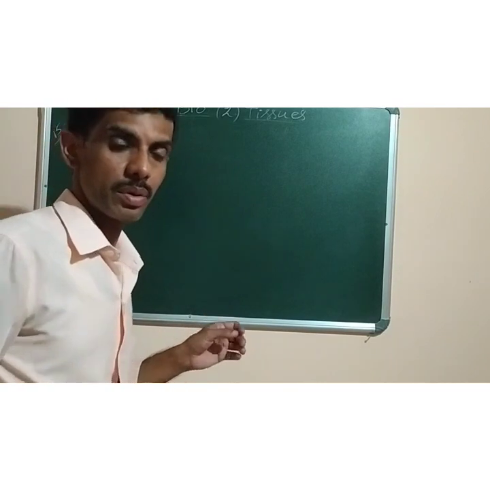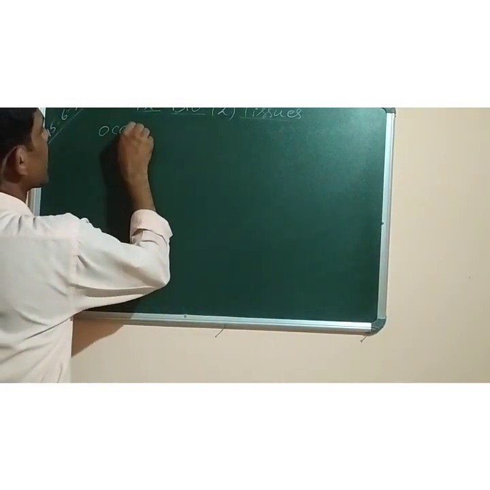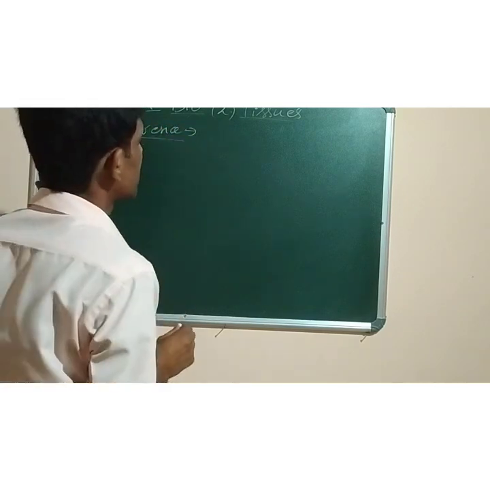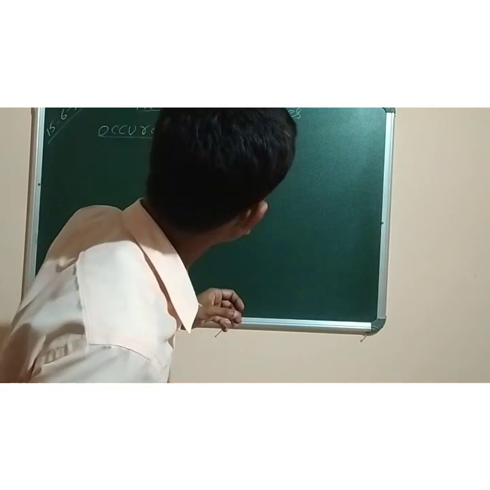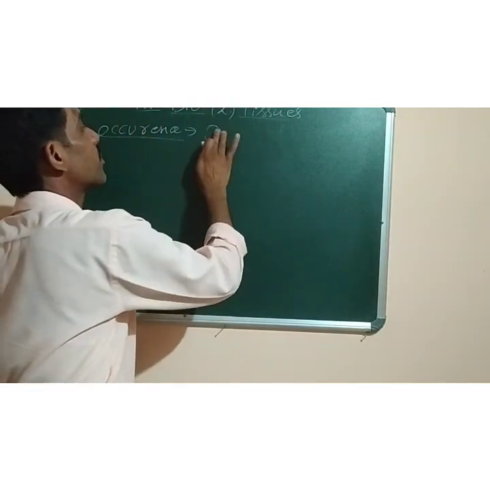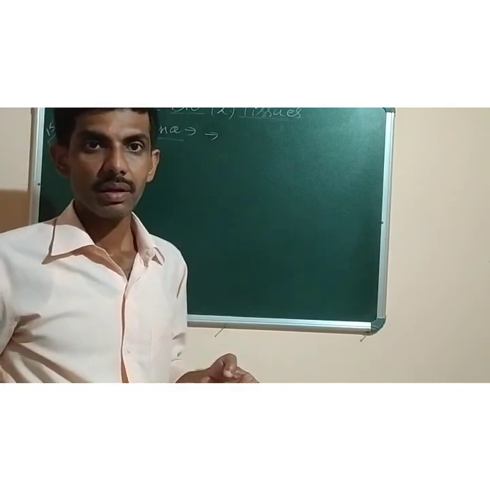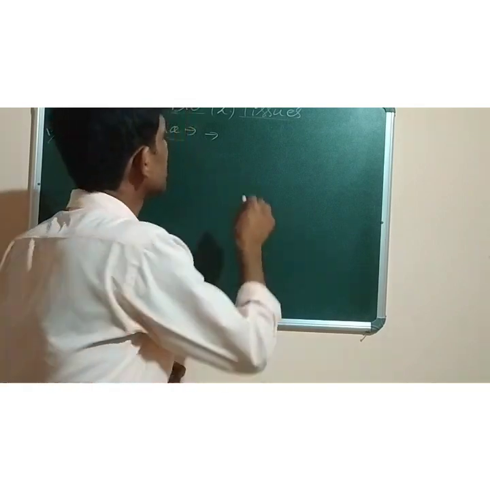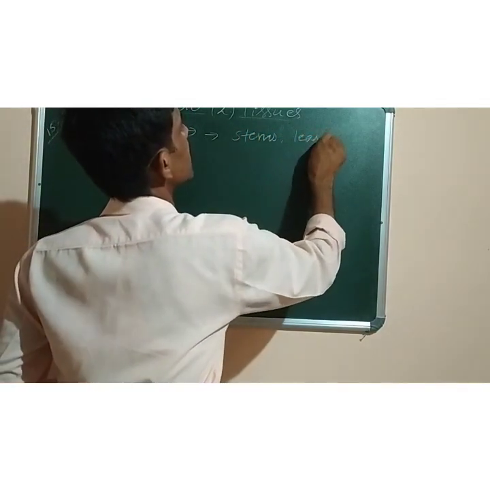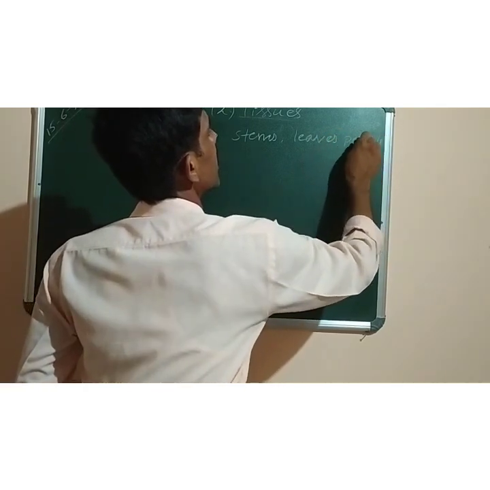Okay, now next we have to do the occurrence. Means where is sclerenchyma tissue found? Fibers and sclerites we studied just now. There are two types of sclerenchyma tissues, fibers and sclerites. Now occurrence, one by one we have to study. Where are they found? It is found in the stems, leaves, petioles of the leaves, particularly petiole.